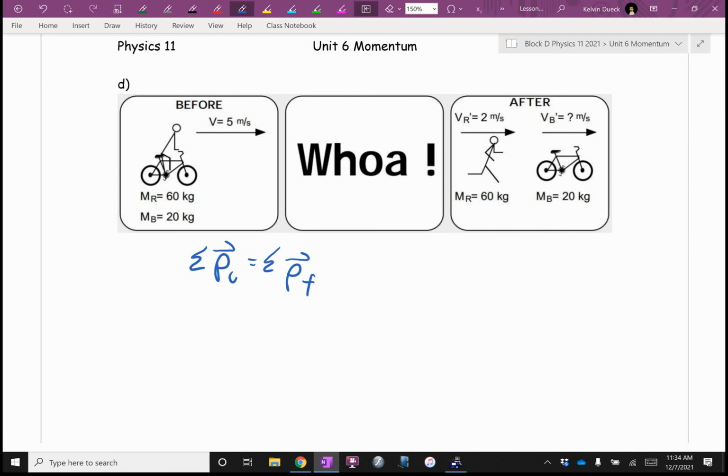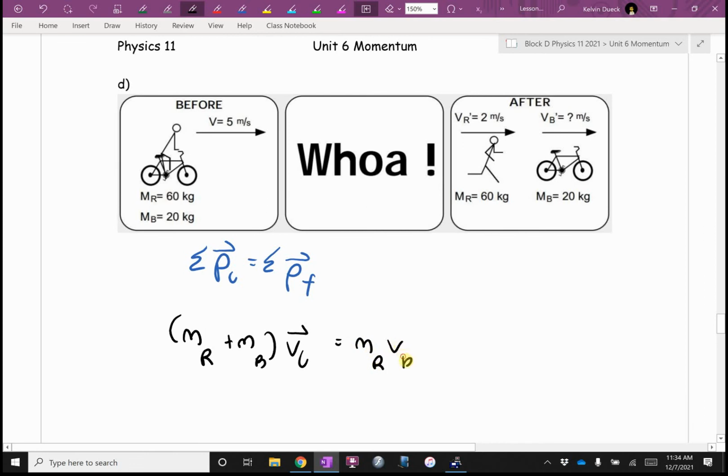Stuck together or separate? So I guess it's going to be mass rider, mass bike, V initial. Afterwards, both and separate, yes? So it's going to be mass rider v rider plus mass bike v bike.